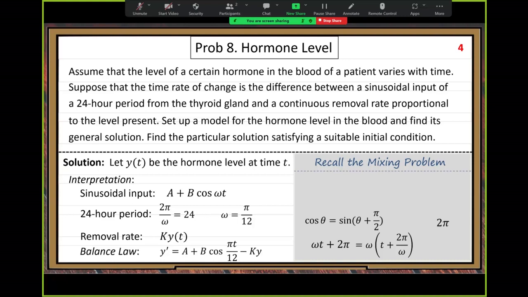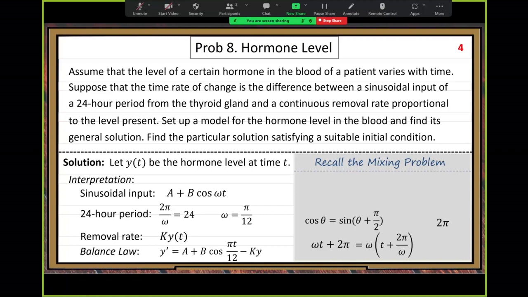We want to calculate the hormone level, y of t, the hormone level at time t. The main rule we can use is given in the question. That's the rule we need to apply to set up the equation.